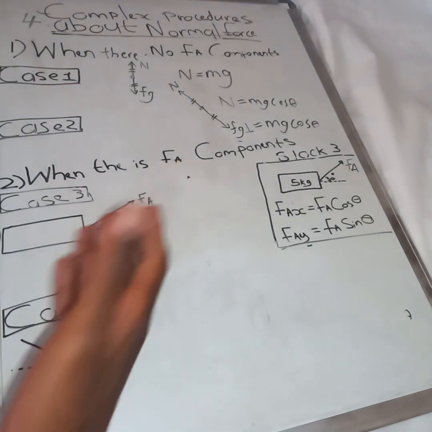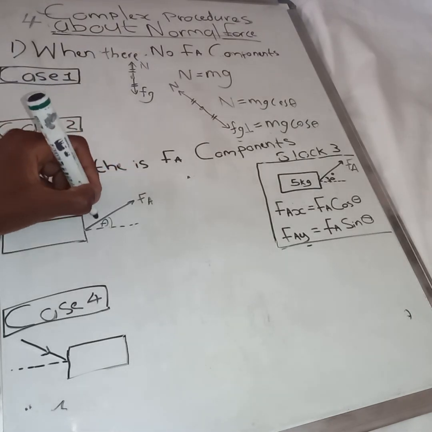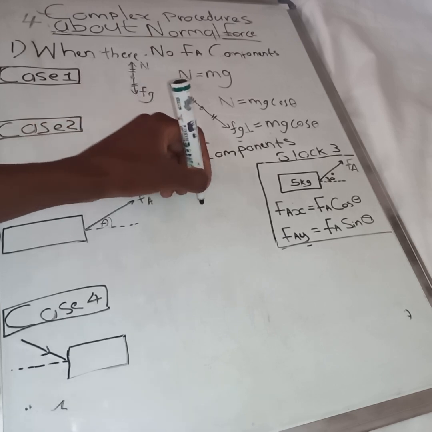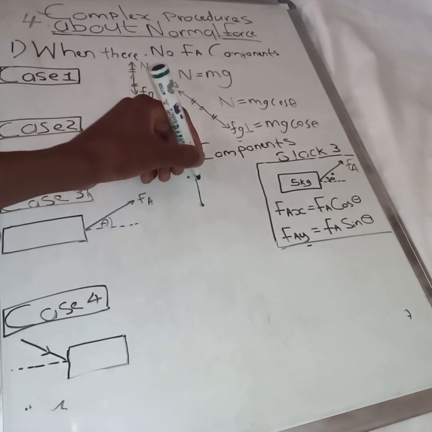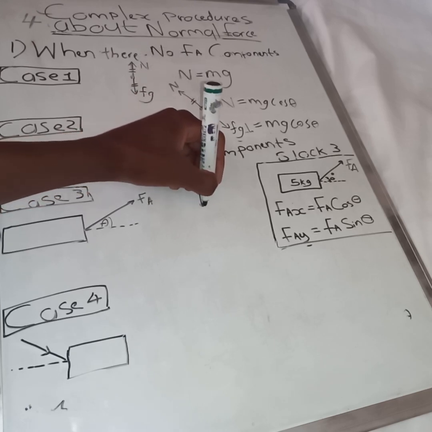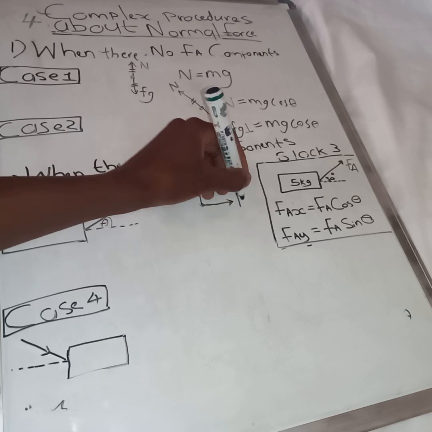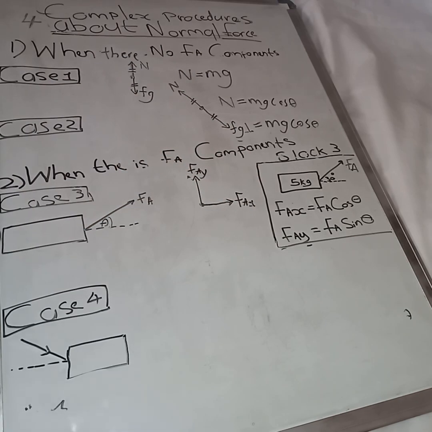Let us now move to case number 3. So when we apply a force at a certain angle, we are going to produce Fay and Fax. These are Fa components.